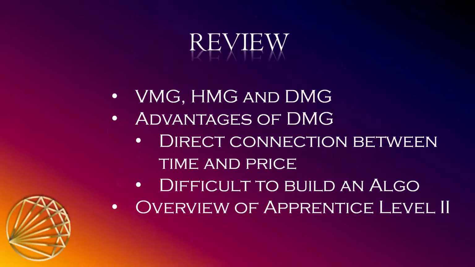The other dimension is time. We refer to that as horizontal market geometry. We looked at a number of traditional methods of measuring time, like time retracement, static time cycles, and Fibonacci intervals. Then we looked at diagonal market geometry, DMG, a blending of price and time together.